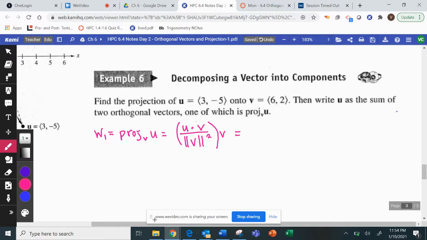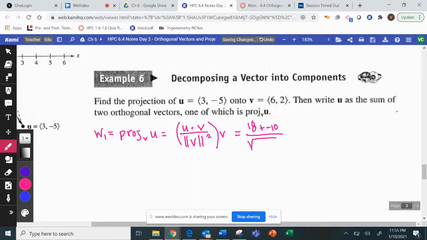So let's see, on top we're going to do 18 plus negative 10, over the magnitude of v.